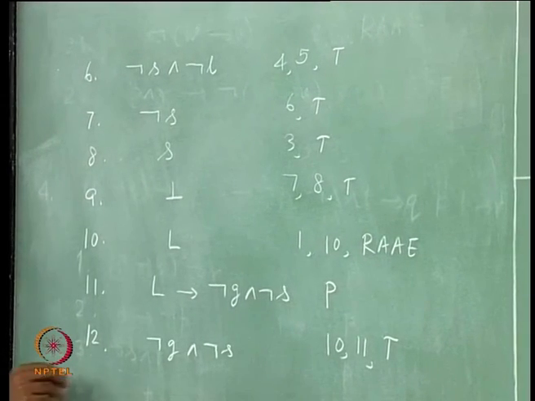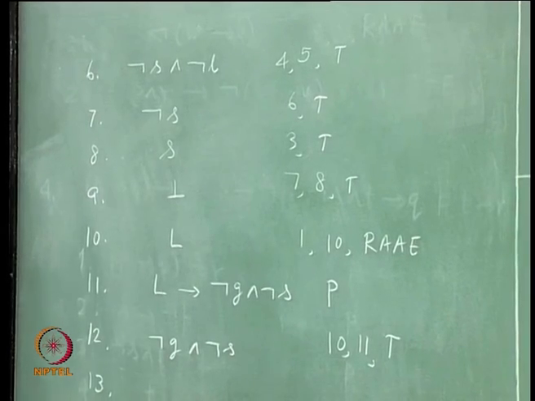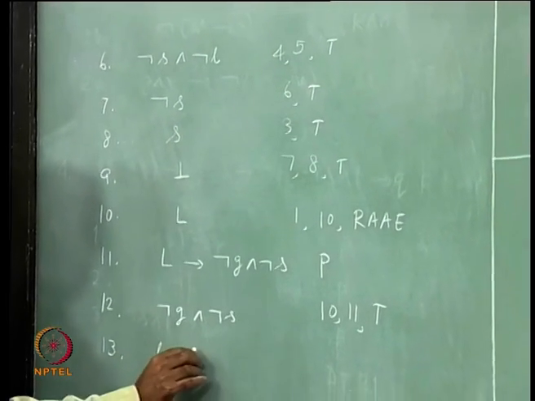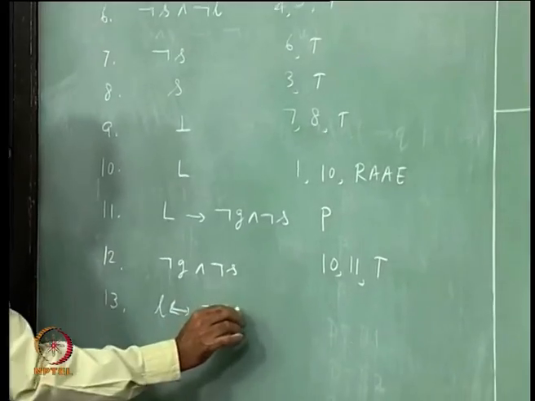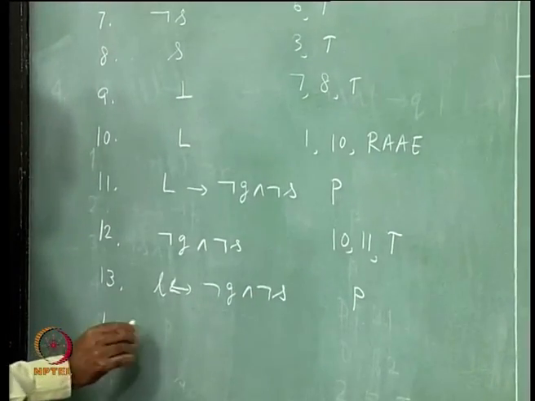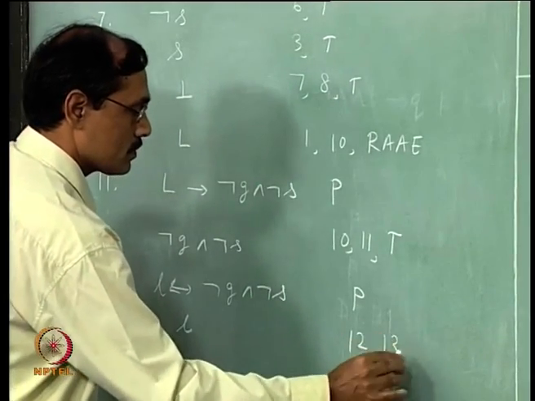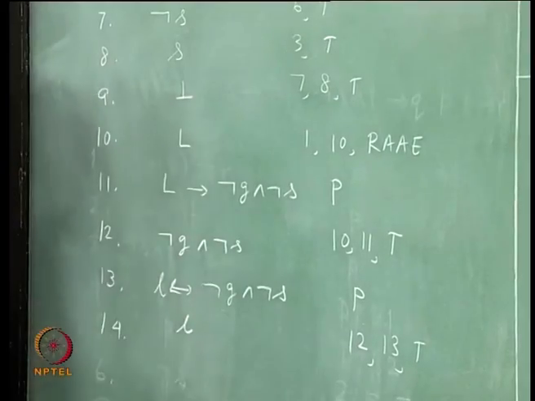Okay. Next, that is a premise. Next, L, it is really modus ponens.